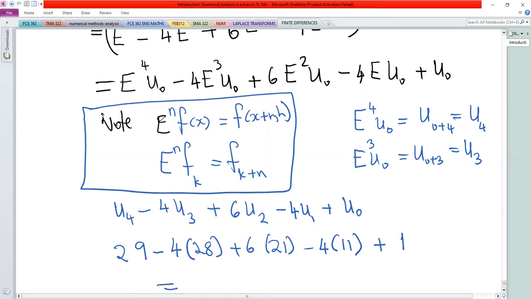So when you work out, you should get 29 minus 112 plus 126 minus 44 plus 1, and the answer is 0. So next time we'll give more examples on how to apply the relationship between the shift operator and the forward difference operator. Thank you.